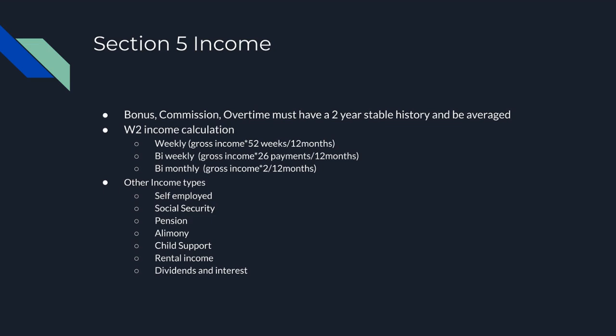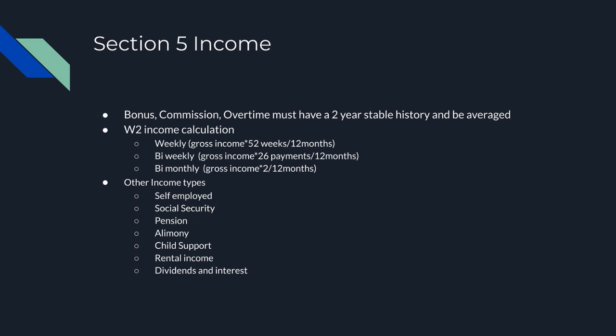Let's say we looked at a pay stub and it shows overtime. For me, if my borrower qualifies without overtime, bonus, or commission, I try to make it as simple as possible for myself, for my borrower, and for my underwriter.